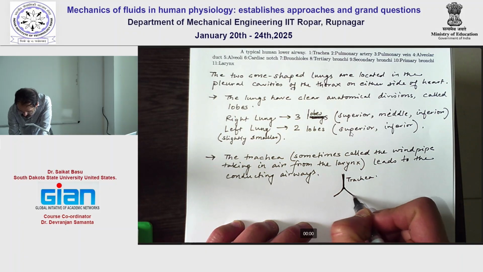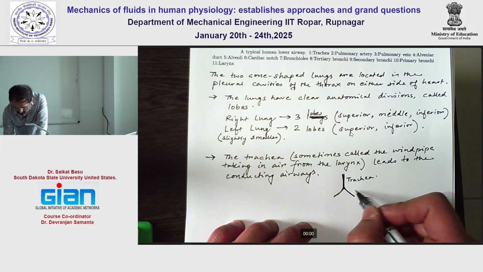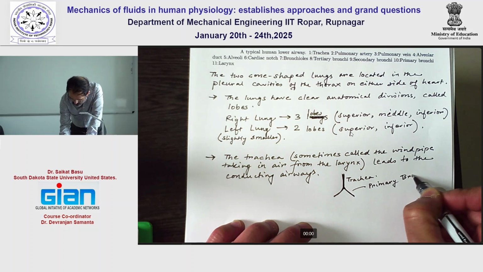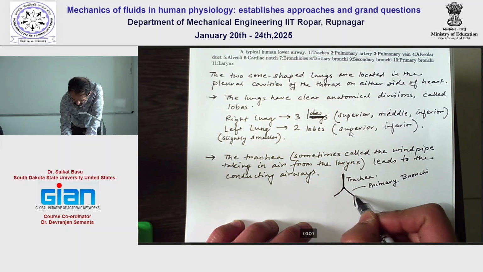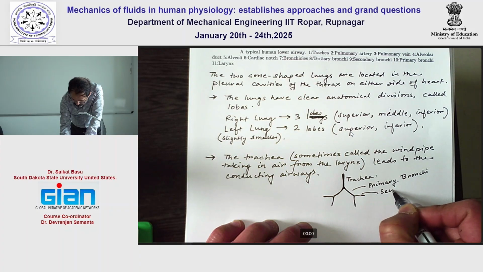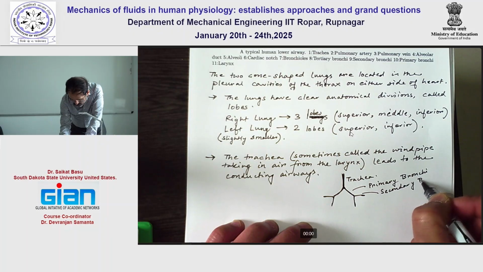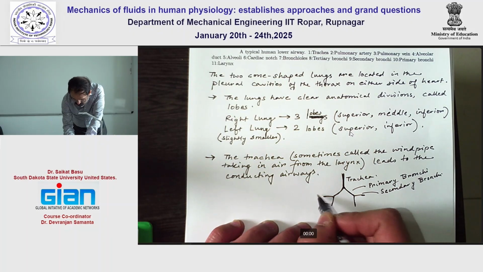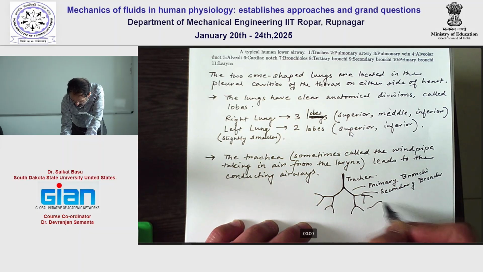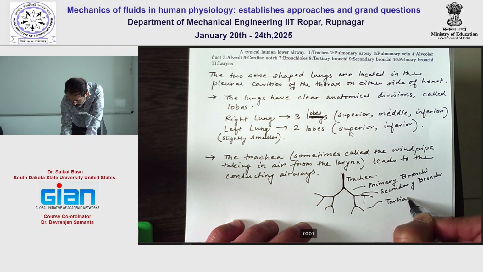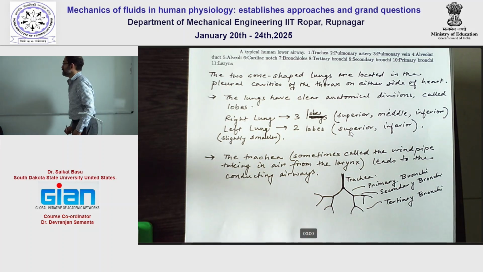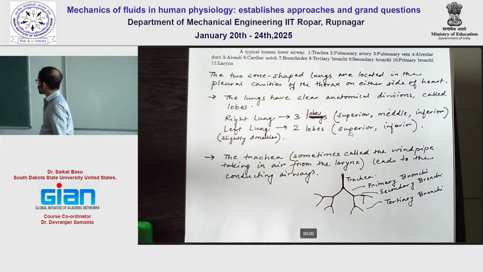This first bifurcation is called the primary bronchi, and then they in turn bifurcate to form the secondary bronchi, and then it follows in a fractal nature, so they bifurcate as well to form the tertiary bronchi. So this is basically the conducting region of the lungs.